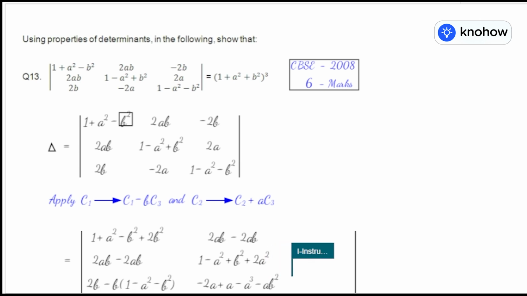In the third column, you already have −2b, 2a and 1 − a² − b². And just work it out. So you have 1 + a² − b² and 2b² will make it 1 + a² + b². 2ab − 2ab is 0.